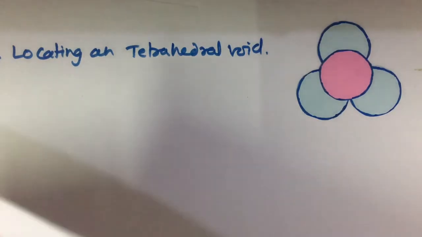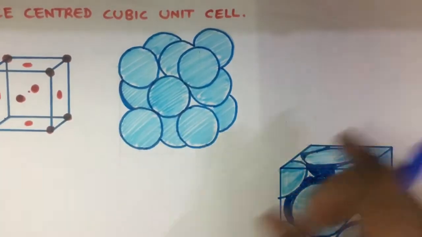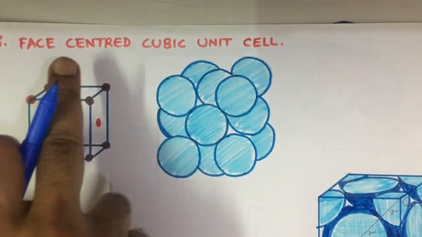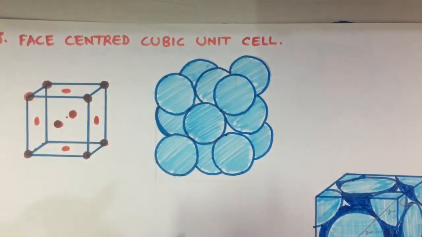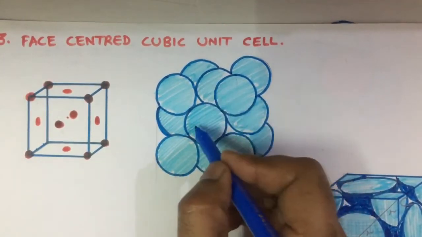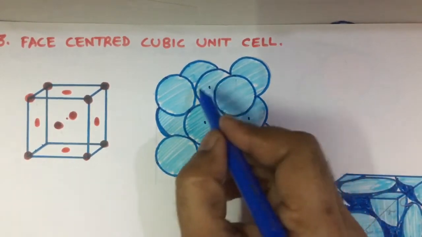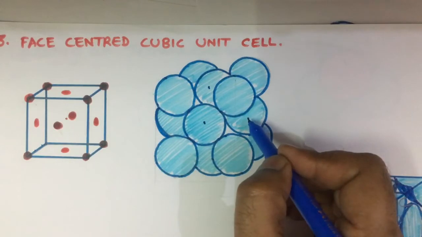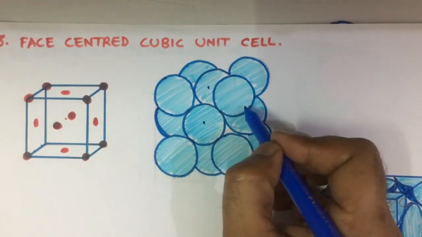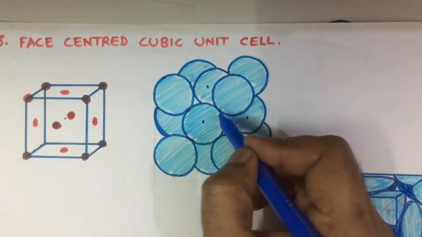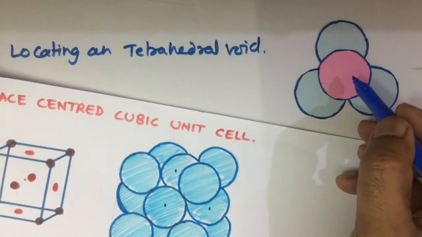Now this is a CCP or face centered cubic unit cell. If you closely observe this unit cell, in the corner there are 3 spheres, first, second and third. They form a planar triangle, and above this there is one sphere placed. So between 1, 2, 3 and 4 there is a void, that is the tetrahedral void, like this.